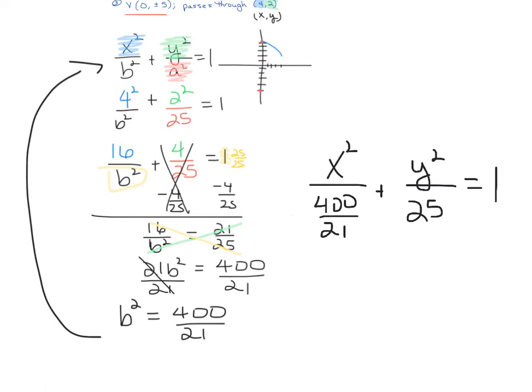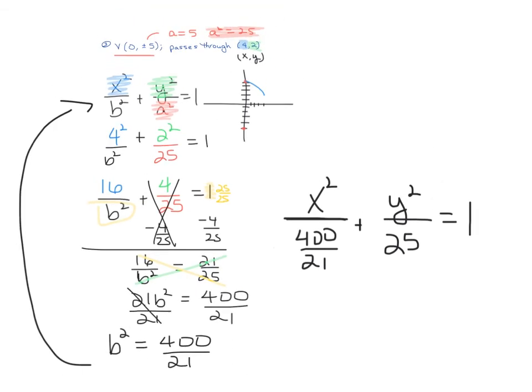Now, I can't have a decimal in a fraction, that's why I didn't divide it, and I can't have a fraction in a fraction. So I actually need to fix that. Remember, this fraction bar means division. So really what we're doing here is x squared divided by 400 over 21.